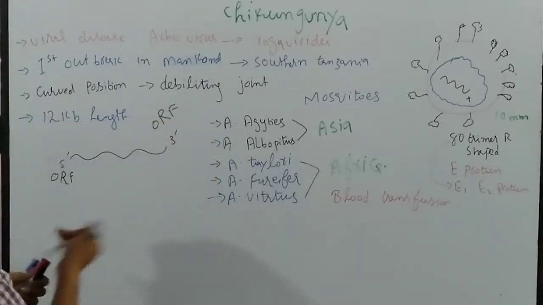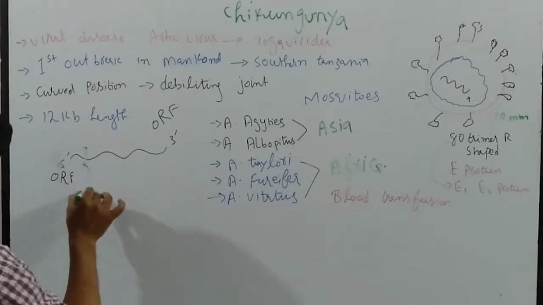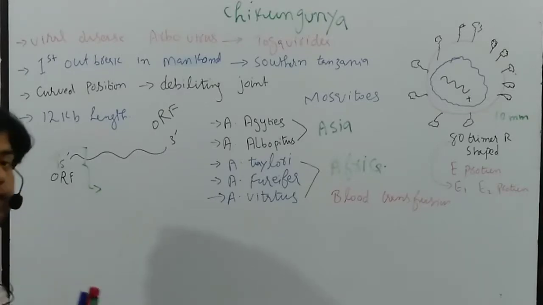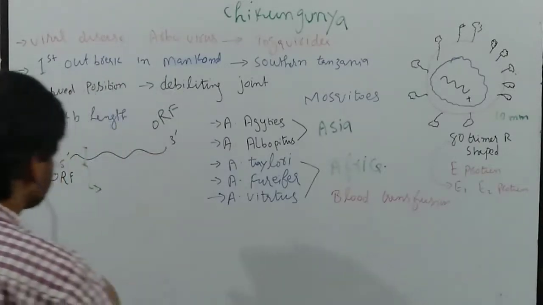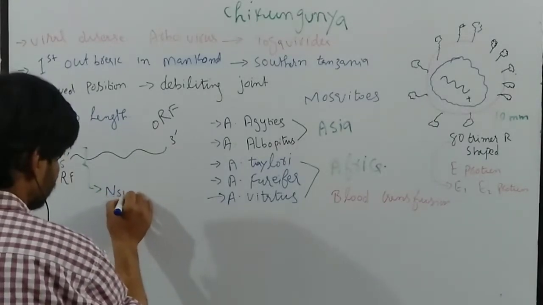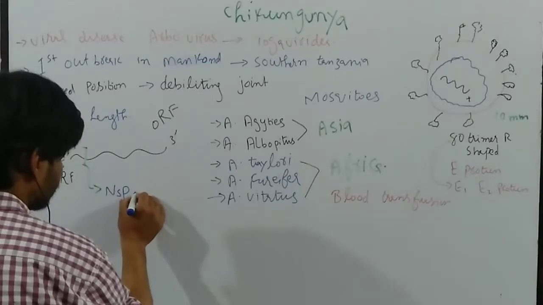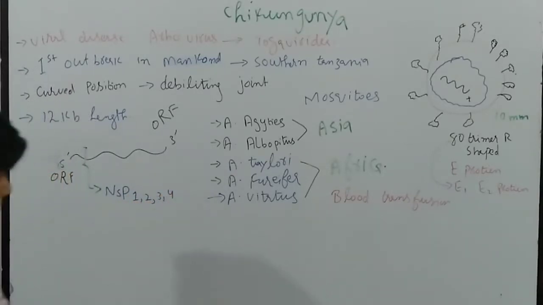The 5' open reading frame is usually responsible for the non-structural proteins. It can produce non-structural proteins 1, 2, 3 and 4.